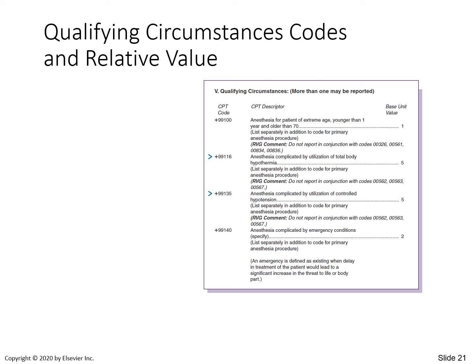Right over here for 99, as you can see, it's an add-on code. There's a little plus there. So remember that you cannot use this code ever alone, and it's never listed first. So anesthesia for a patient of extreme age, younger than 1 year and older than 70. So base value would be 1, and so on.